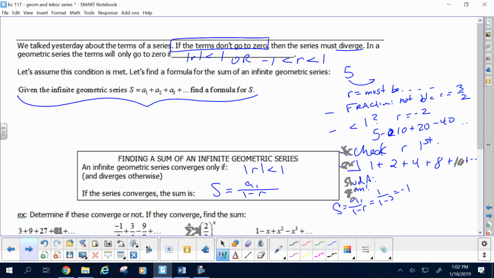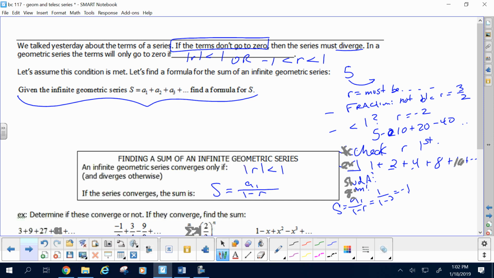Now they're locked into their little formula memorization, and they have lost all common sense, because even a 7-year-old could say that's stupid. 1 plus 2 plus 4 plus 8, positive numbers, getting bigger forever, becomes a negative number? How can that be? Surely not.